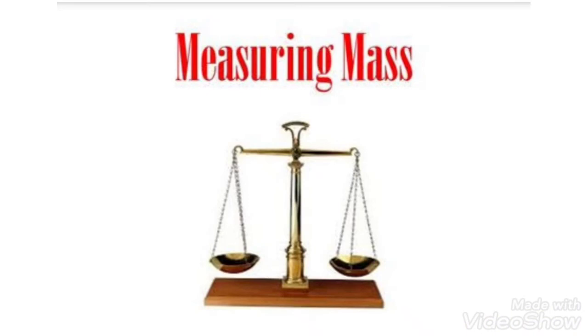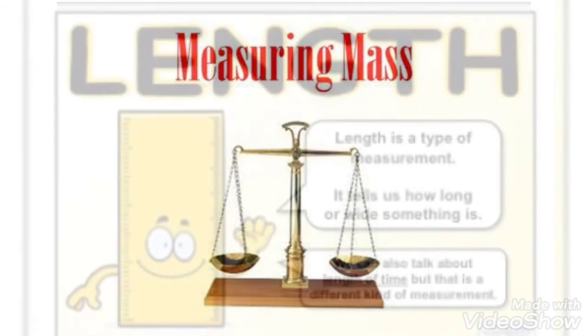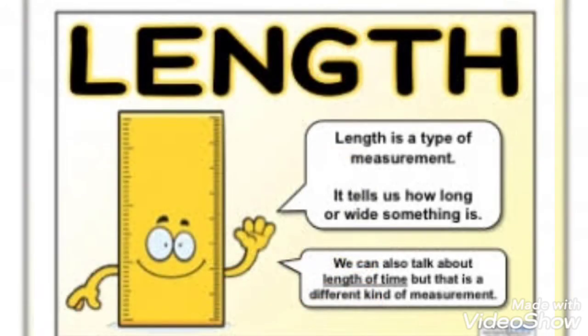So children, let's move to our next measuring quantity, and that is measuring capacity. Children, what do you mean by capacity? Capacity is the amount of a liquid a container can hold.